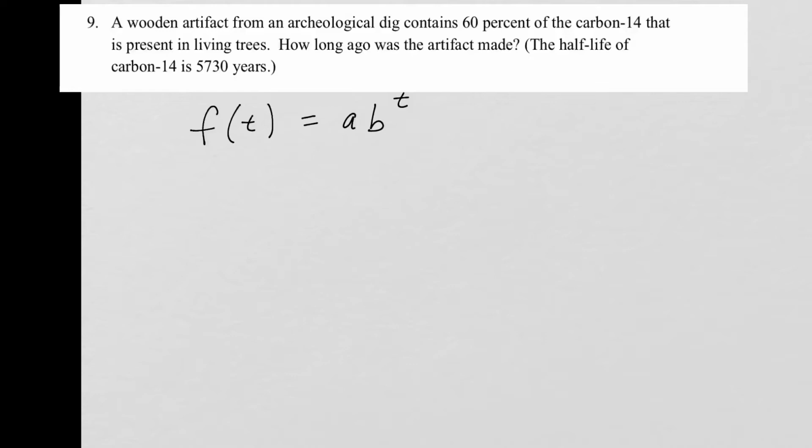Remember, the half-life is when f of t is equal to half of a. So that's going to equal a times b to the 5,730, since the half-life is 5,730 years. So t in this case is 5,730. Now the a's will cancel.